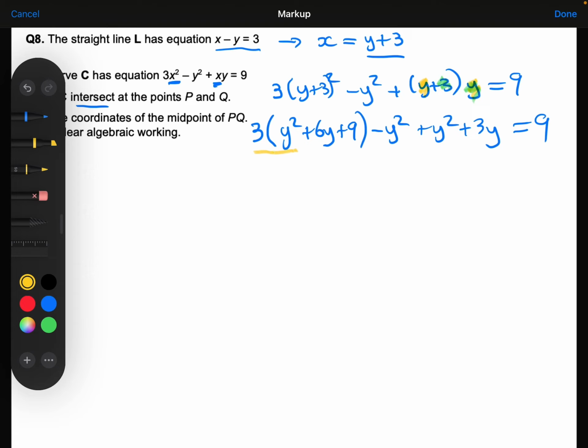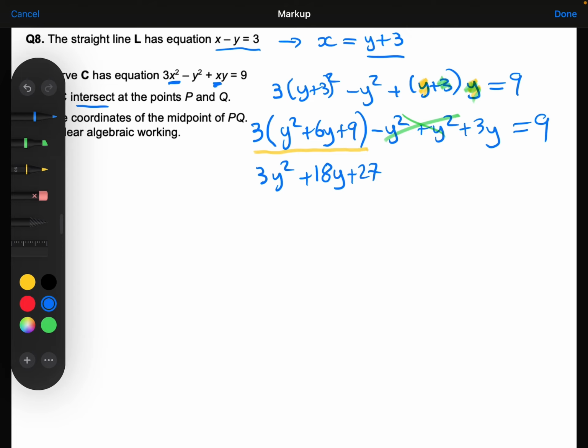Next, I'm going to multiply all of this bracket by 3. So 3y squared plus 18y plus 27. Whilst I'm at it, I've just noticed that I've got a minus y squared and a plus y squared here, so they're going to cancel each other out.